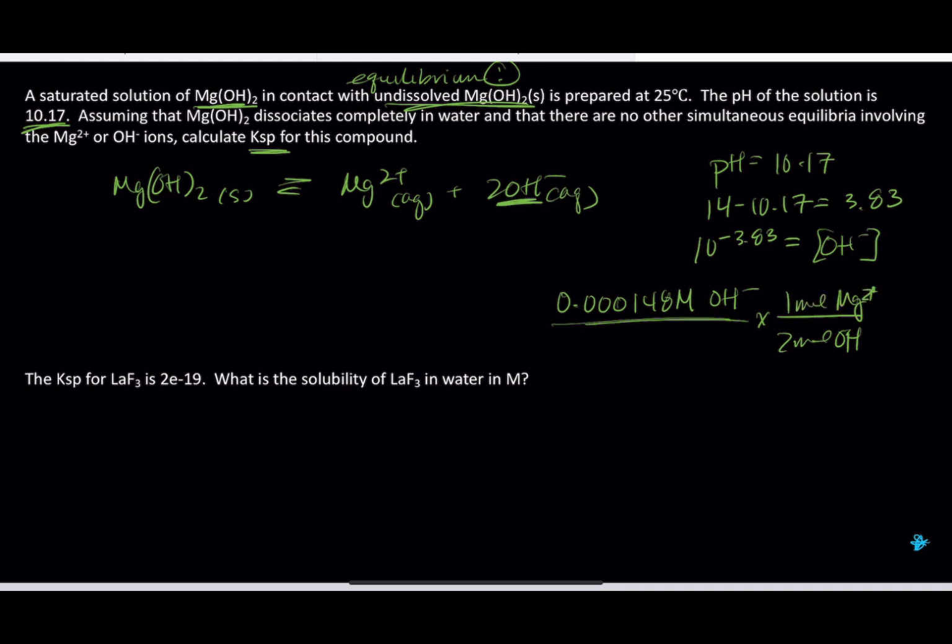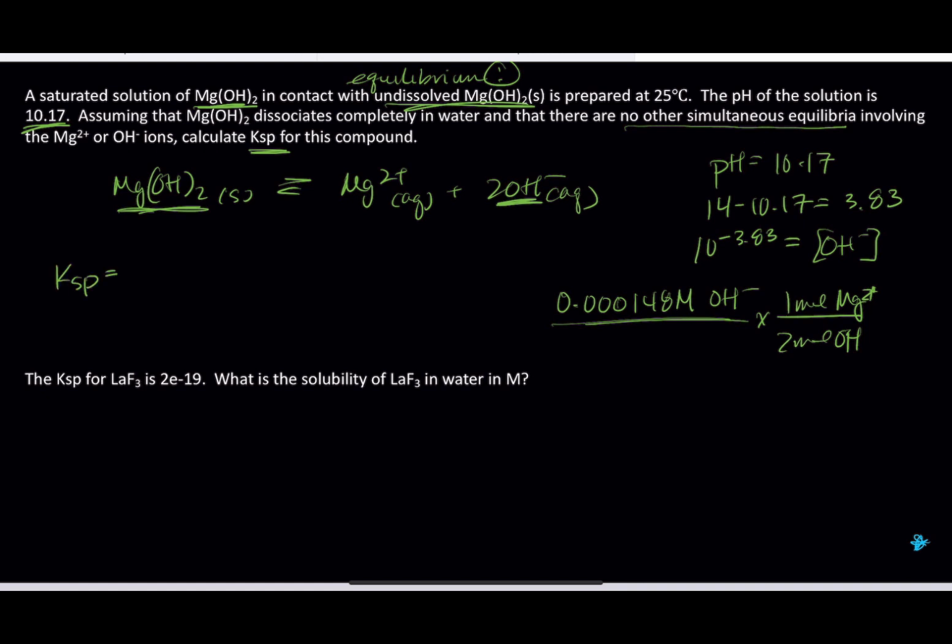That's the relationship between them because they all come from here. Now that's the purpose of this statement, that there are no other simultaneous equilibria happening. There is no other source of magnesium, there's no other source of hydroxide, nothing else is at play. All magnesium and hydroxide ions come from magnesium hydroxide, which means that we understand the ratio has to be 2 to 1. Yes, does that make sense?